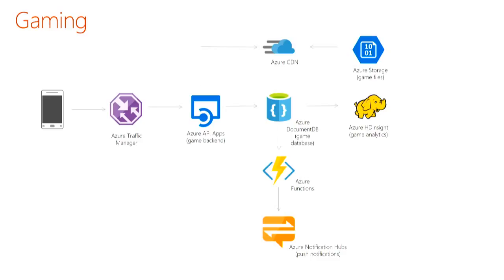We've also seen people use HDInsight on top of this data set to do things like fraud and cheat detection, depending on the nature of what the game looks like. If you have something like a casino type game where money is involved, doing fraud detection is very critical, and having a scale-out compute layer to watch game state is very helpful.